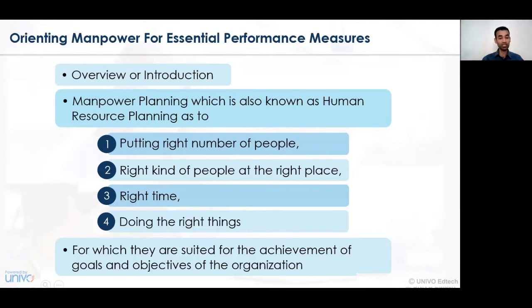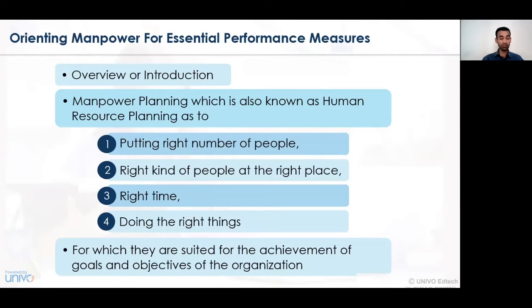For that, one has to identify what number of people will be required at what level, what skill set is required for those people, and where and at what time they have to be placed. Having the right people at the right place at the right time is also essentially required for essential performance management measures.